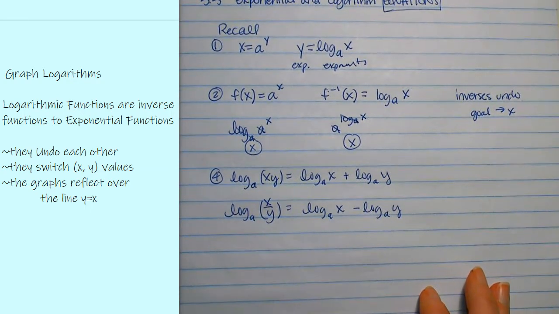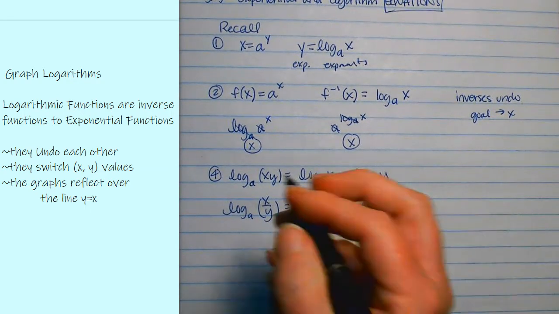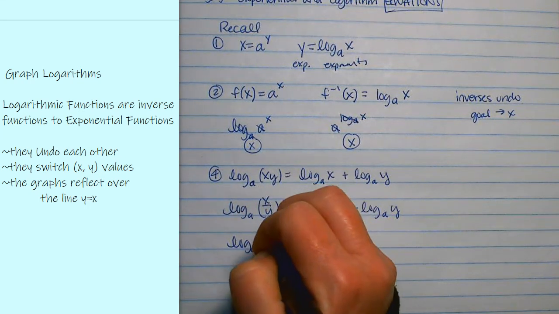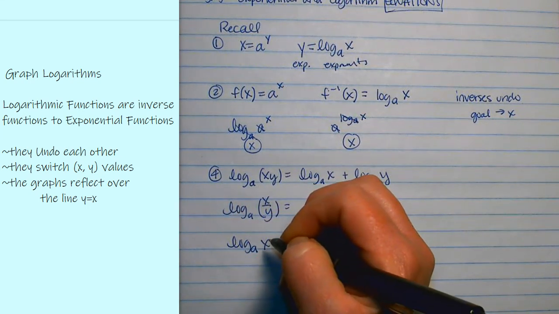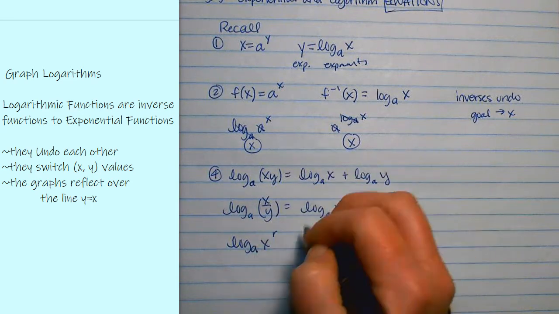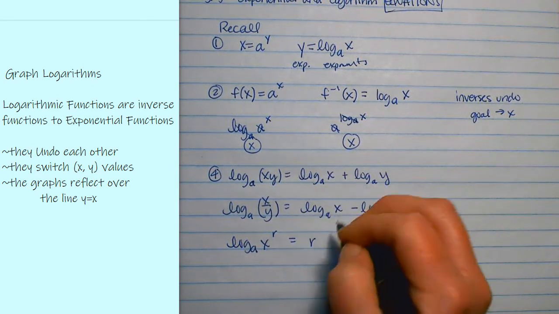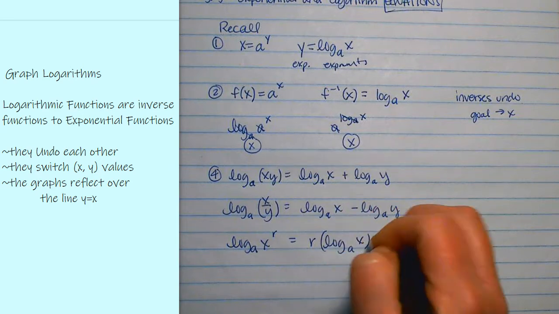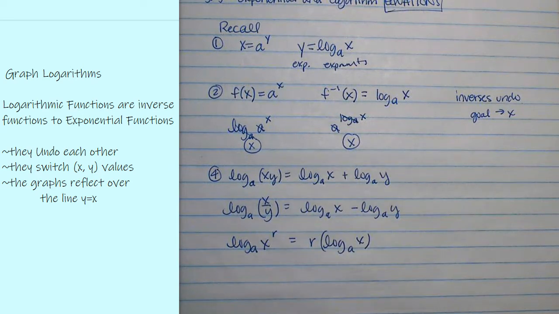And we learned the power rule, which is that log base a of x to the r power is equal to r times log base a of x. So it turns into multiplication. So that's a review of all the rules that we've learned so far.